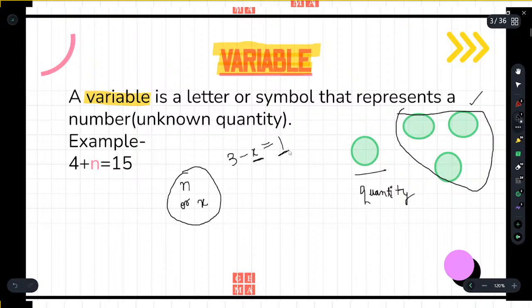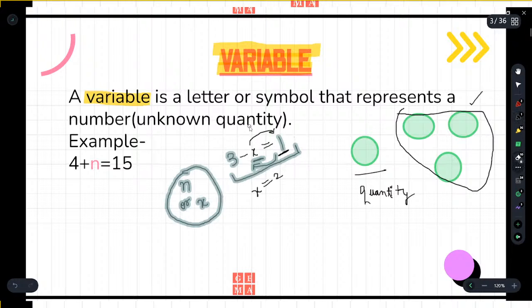So you had only 1. You can find this out from this algebraic expression. Moving x to this side and 1 to the other side, you will get x is equal to 2. So that's all we do here.